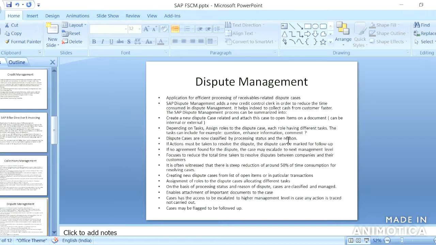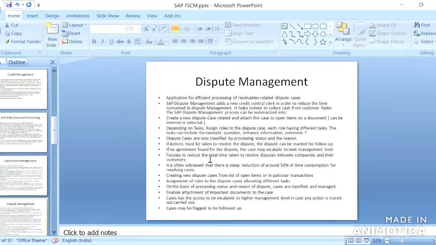They can classify the dispute cases according to the reason and also the processing status. If actions must be taken to resolve the dispute, it can be marked for follow-up. If no agreement is found for the dispute, the case may escalate to the next management level.